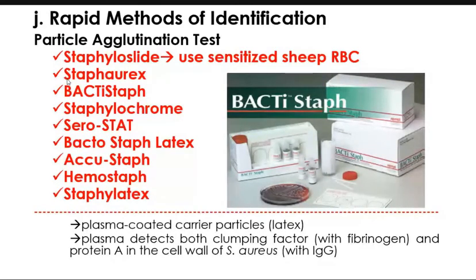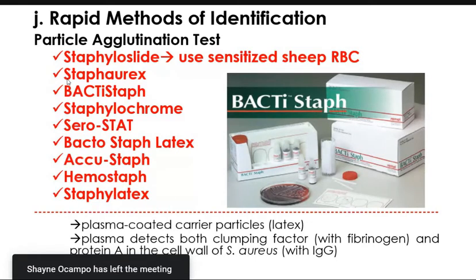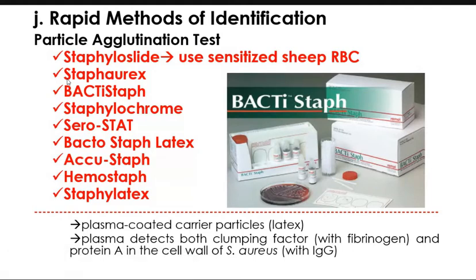Okay? Then, you have rapid methods of identification. When we're talking of rapid methods, these are more of the automated or already commercially available. So we can do particle agglutination tests. We have different brands available for this test. You have the Staphylocide, the Staph-Aurex. Kasi depende na yan sa kung anong company ang nagmamanufacture.